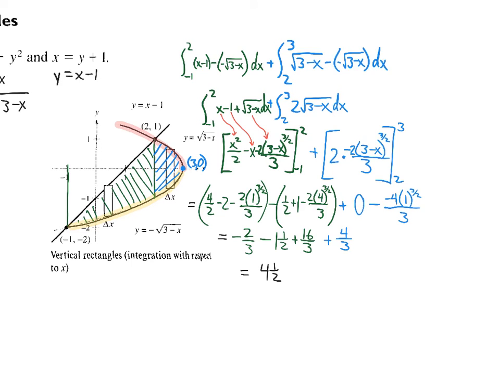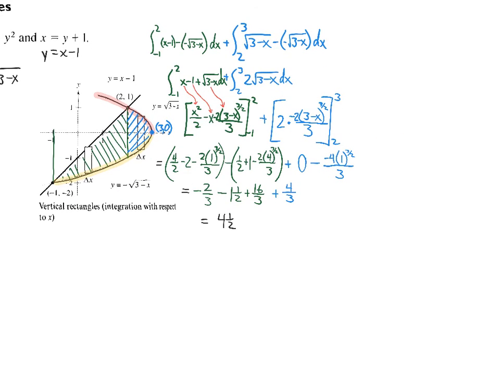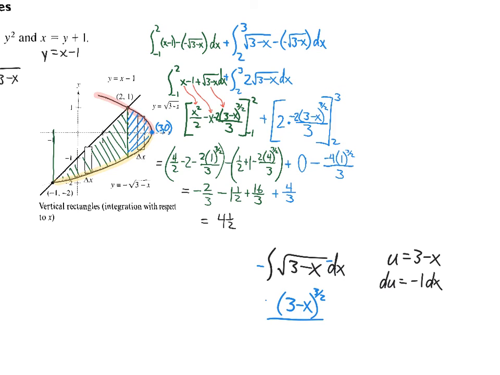Now, let's revisit that just real quickly. The integral of square root of 3 minus x. That's u is 3 minus x. Du is going to be -1 dx. So if I throw a negative there and a negative out there, the integral of something to the 1/2 is that something to the 3/2 divided by 3/2, so multiplied by 2/3, and then I have that negative.